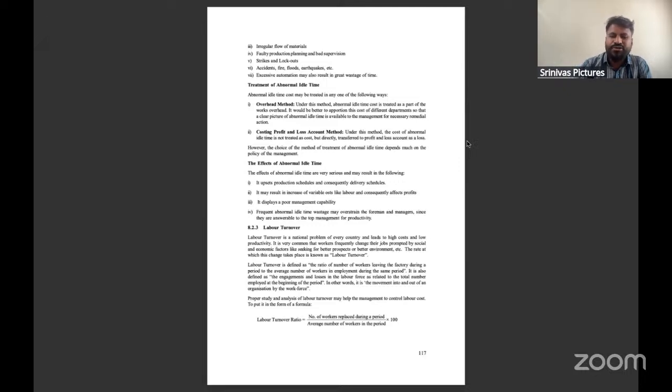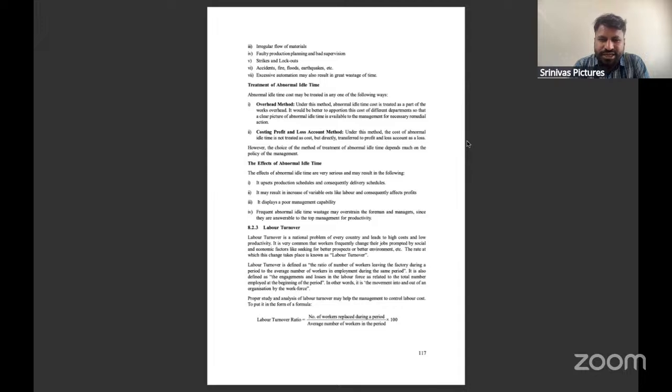Now let us discuss labor turnover. So what does labor turnover mean? It is a notional problem of every country and leads to high cost and low productivity. It is very common that workers frequently change their jobs, prompted by social and economic factors like seeking better prospects and a better environment.